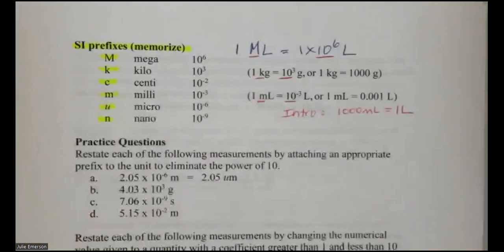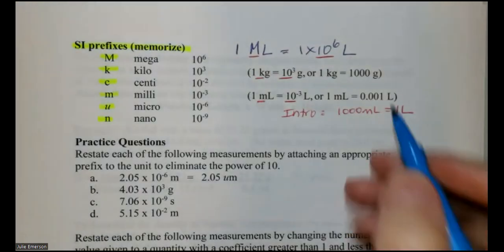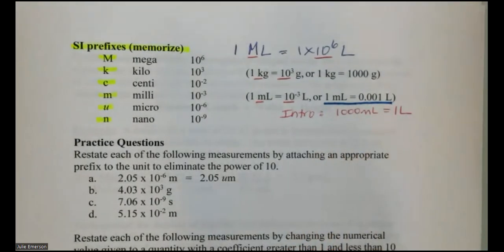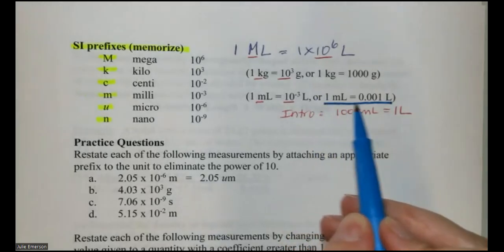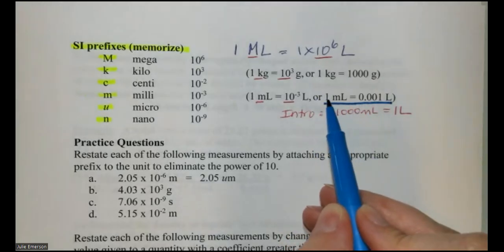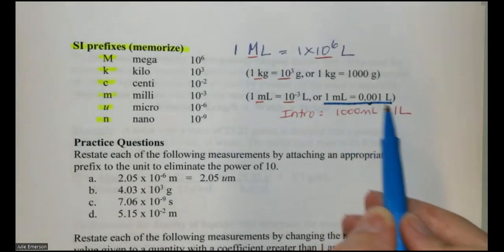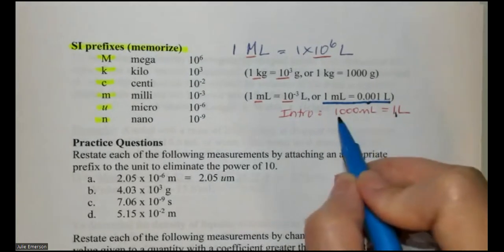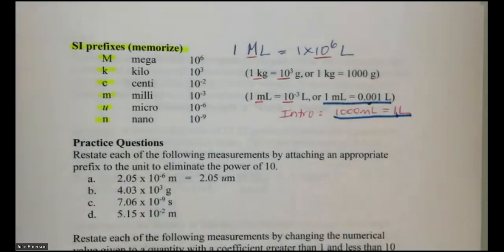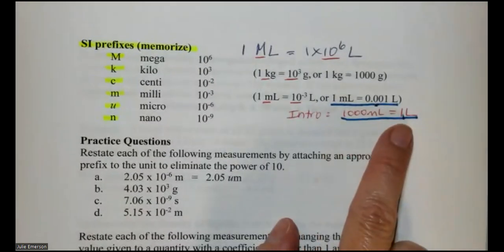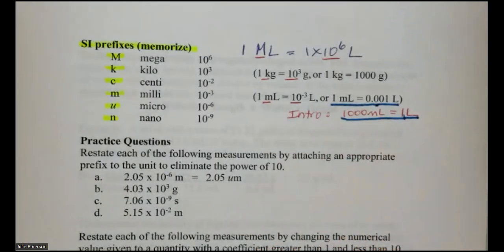So if I take this conversion that I've underlined in blue and multiply both sides by 1,000, 1 times 1,000 becomes 1,000 and 0.001 times 1,000 becomes 1, right? These two statements are the same. 1 milliliter is 0.001 liters, which is the same as 1,000 milliliters is a liter, right? So you can use either one.